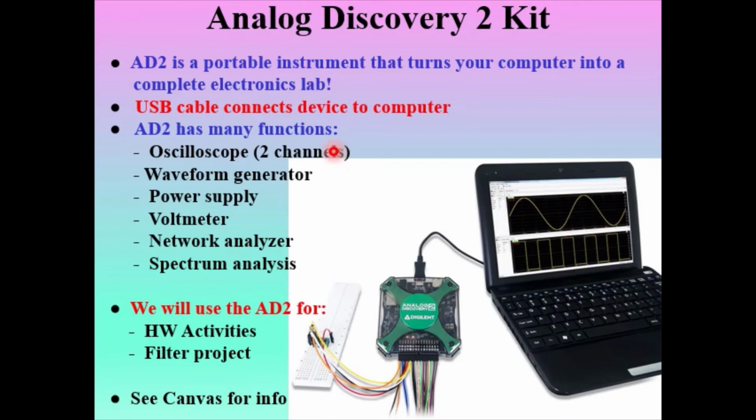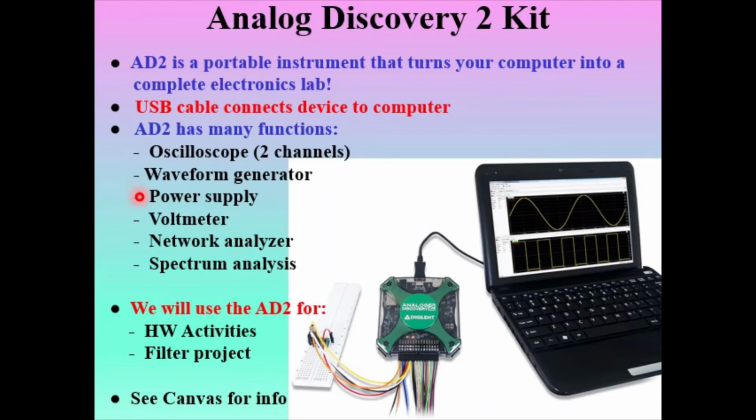So it has a lot of functions that we're going to be using. There are many more that we won't be using, but the ones that are most important for us in this course: it has a 2-channel oscilloscope. That's what you see here with the waveform and so forth. It has a waveform or signal generator built into it, so you can make your own sine waves, square waves, and so forth, pulses.